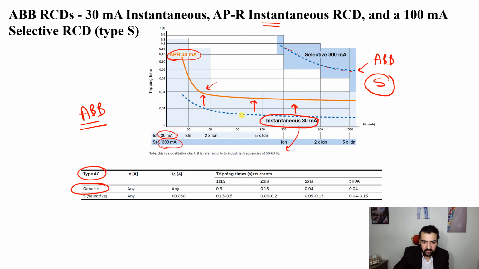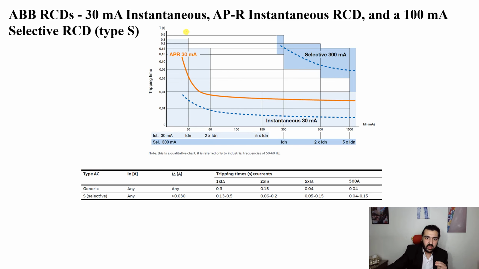If you look at the operation time here and the operation time here, you will see there is a time delay. Both of them are satisfying the standard requirements. However, this one has more delay than the instantaneous time. Now, what do these areas mean?